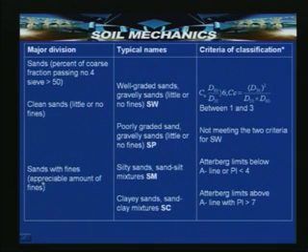Sands with fines, appreciable amount of fines, that means silty sands, sand silt mixtures SM. Here the plasticity index is less than 4 and falling below the A line, then in that case silty sands or sandy silt mixtures, SM. Clayey sands and sandy clay mixtures SC, because the Atterberg limits fall above the A line with the plasticity index greater than 7.